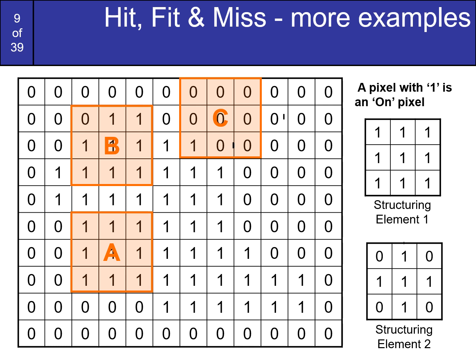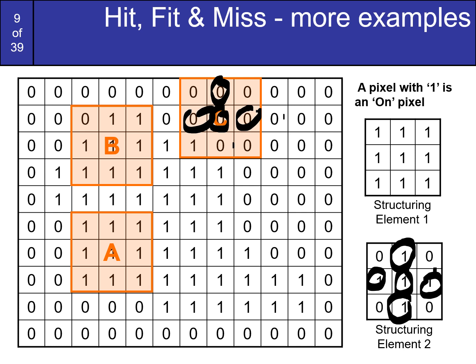This 1 is 0 on the image, this 1 is 0 on the image, this 1 is 0 on the image, and this 1 on SE2 is 0 on the image. So nothing is covered by a 1 on the SE2, so we call this a miss.